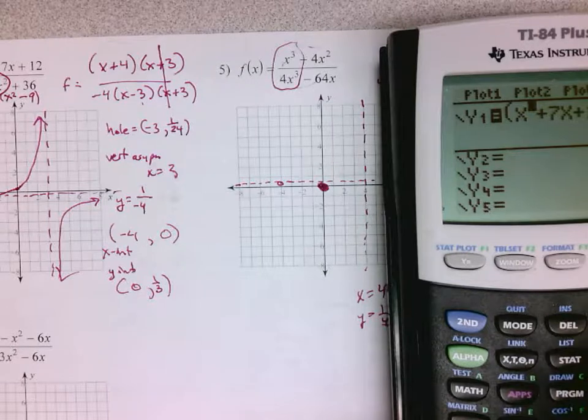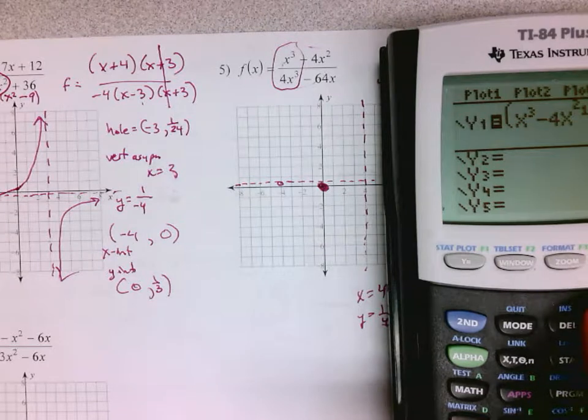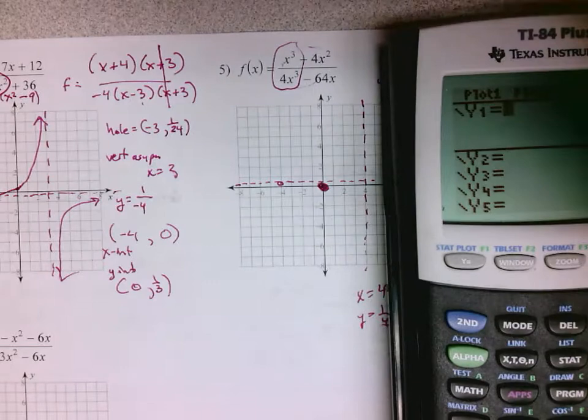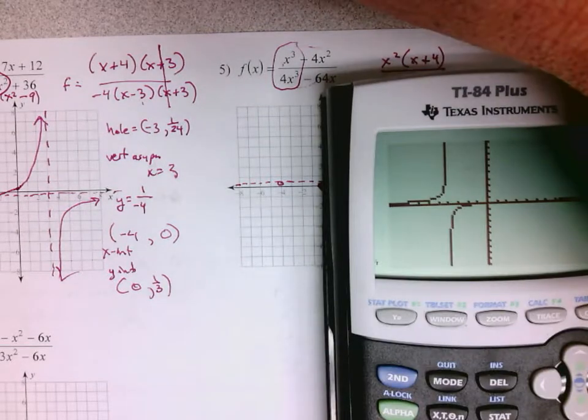So x to the third minus 4x squared. Pausing this just a second. Okay, so here's my graph.